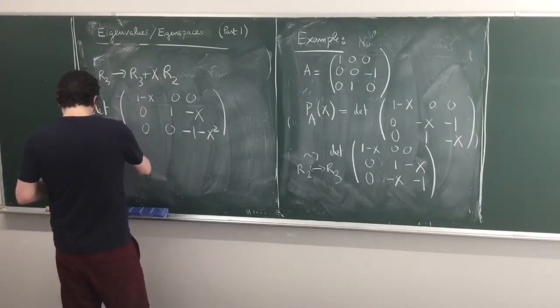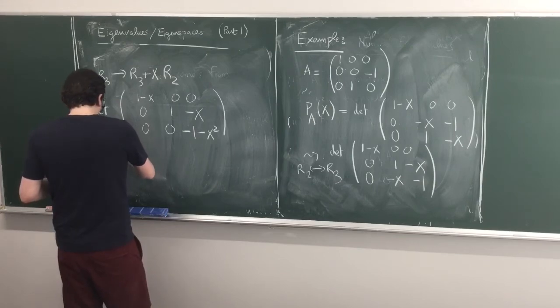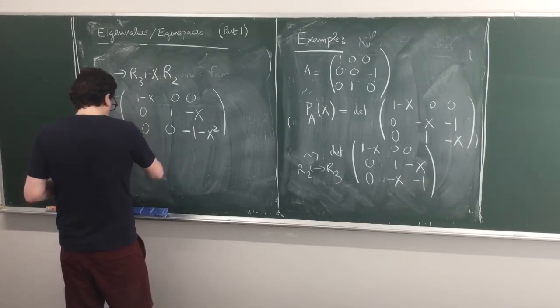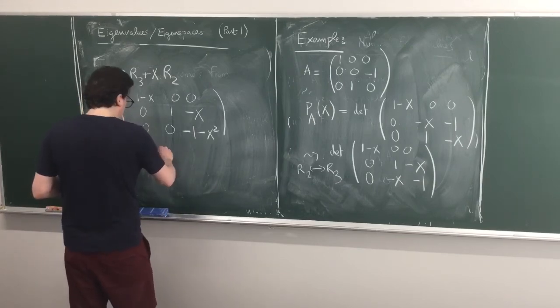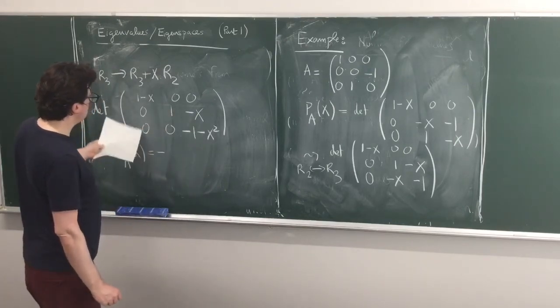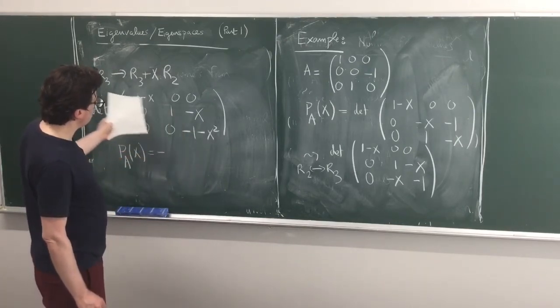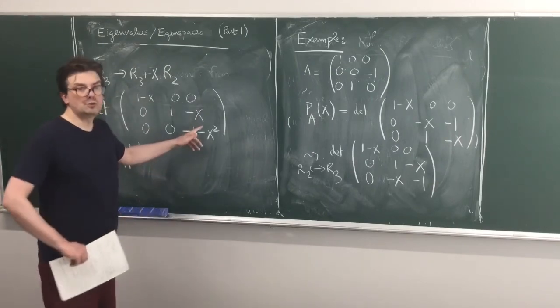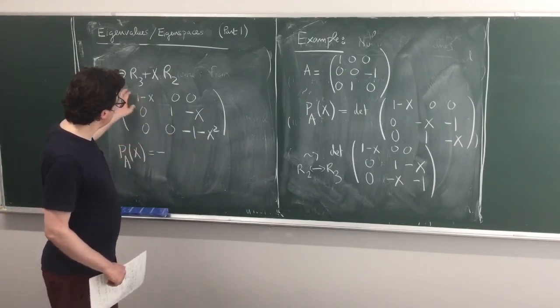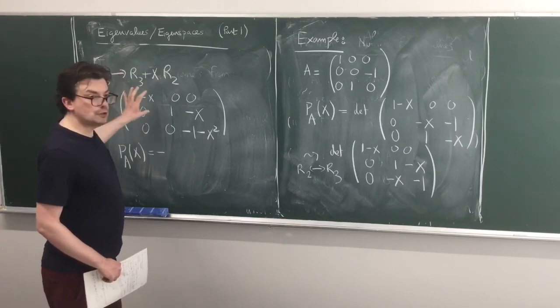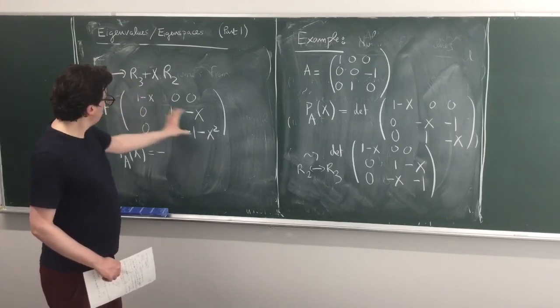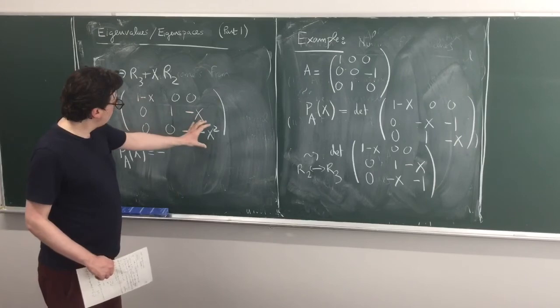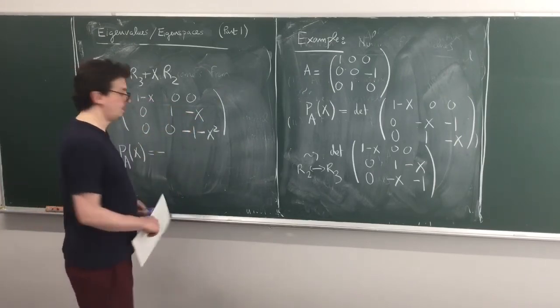Now we deduce that the determinant of this will be minus the determinant of this, which is a triangular matrix. So I don't need to go to the RREF form here, because to compute the determinant, I'm happy enough to calculate the determinant of a triangular matrix.